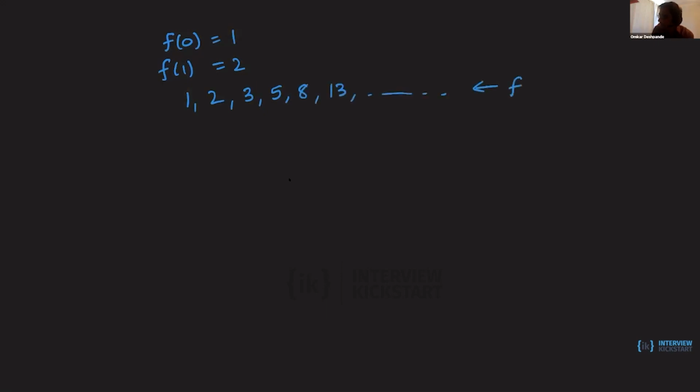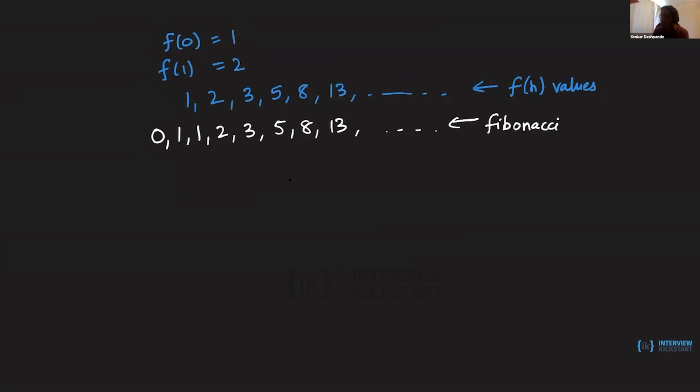These are all the f of h values. The Fibonacci sequence is basically this sequence, ignoring the first 2 values, everything else is common.